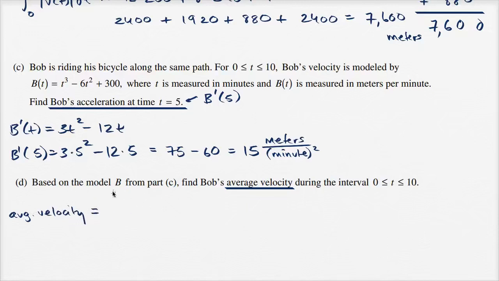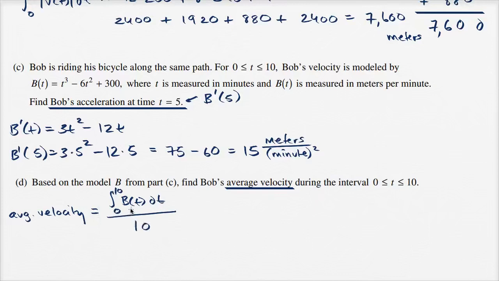So the area under the velocity curve from t = 0 to t = 10 of b(t) dt, divided by our change in time. You're going from 0 to 10, so 10 minus 0 is equal to 10.